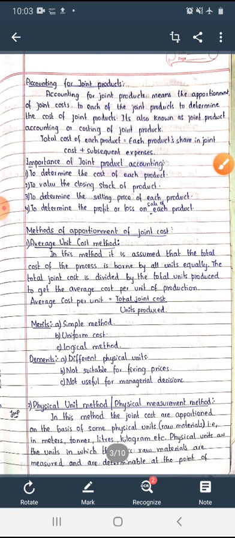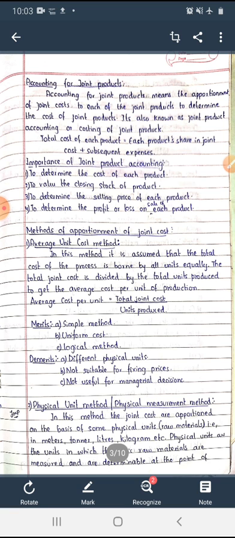One more thing we need to know under the joint products is the cost. Two types of cost are there: joint cost and subsequent cost.